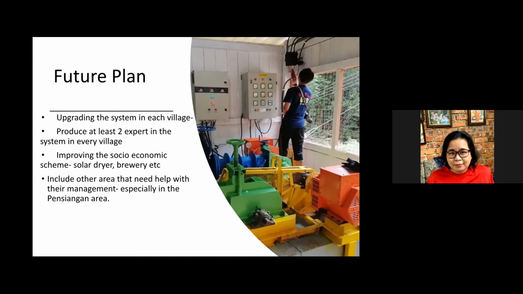We also want to include other areas that need help with the management system, especially the Pensiangan area. Pensiangan is a rural area also in Sabah that has a lot of micro hydro potential, and Tony Bong has installed a few micro hydro solar systems in that area.